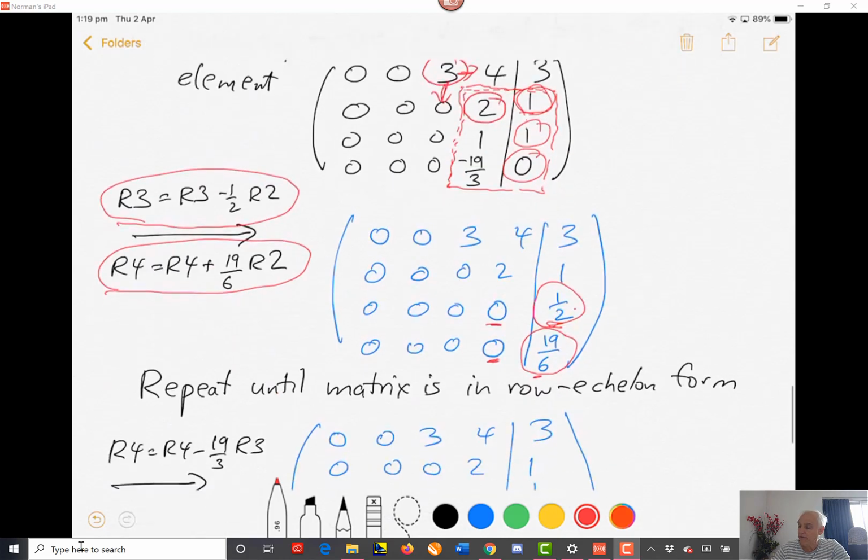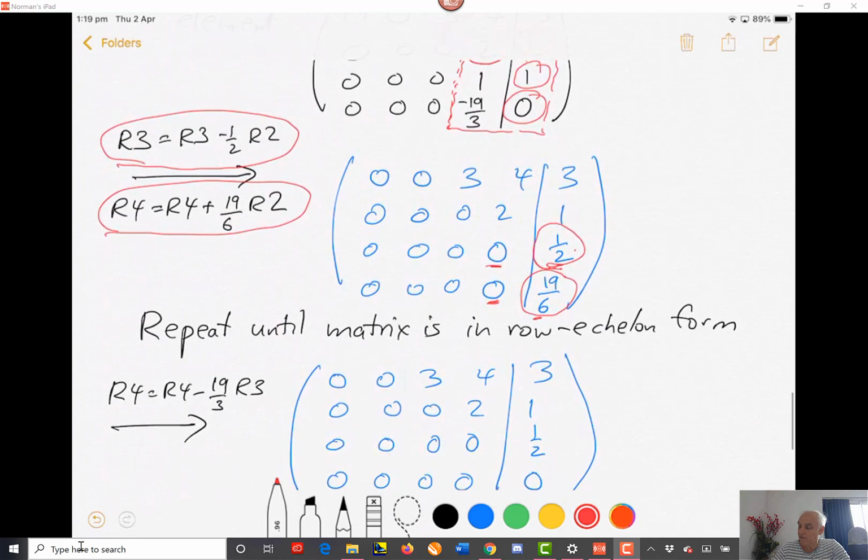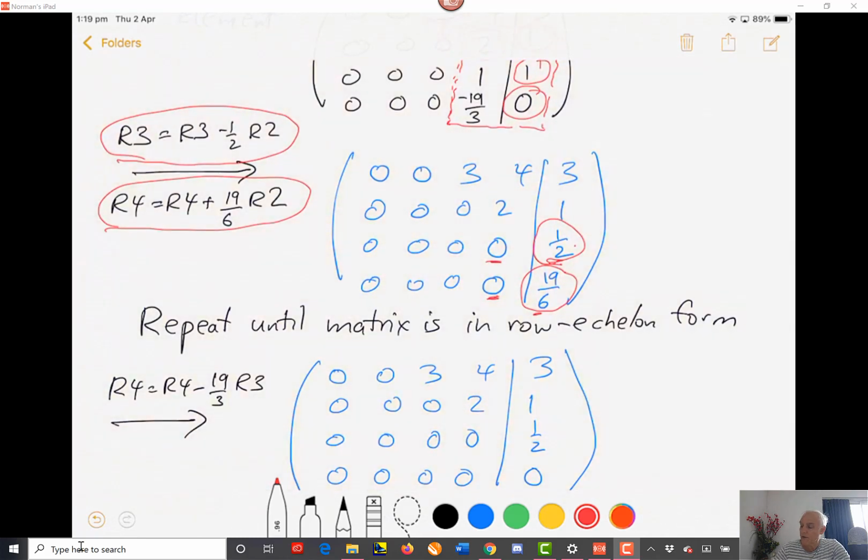So now we're going to repeat until the matrix is in row echelon form. What we've just done is we've worked on this pivot entry, and now we're going to look at the submatrix, which is to the right and below that entry, strictly to the right and strictly below.